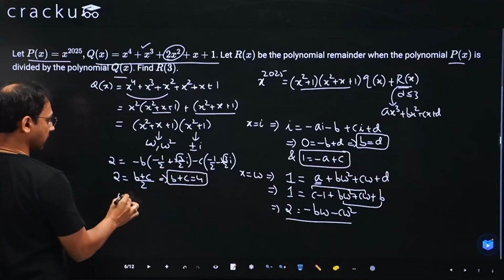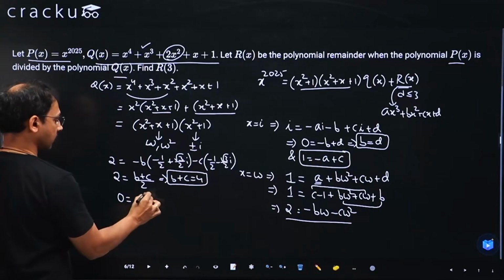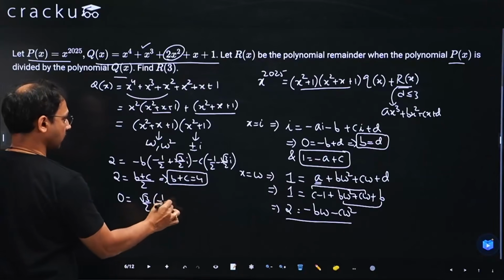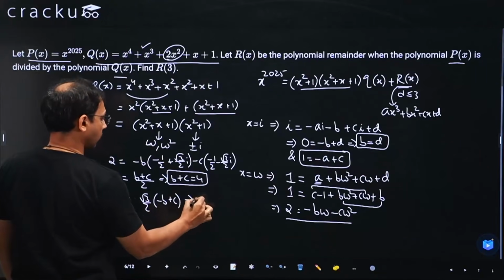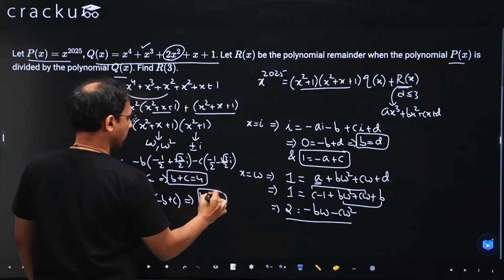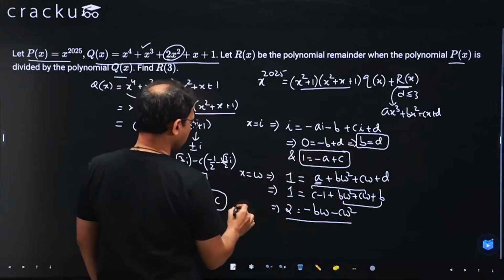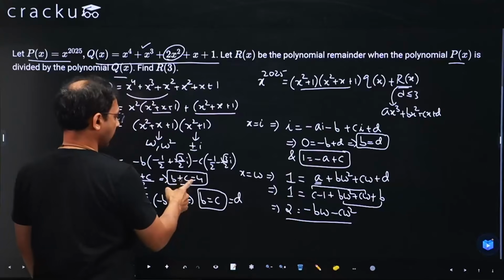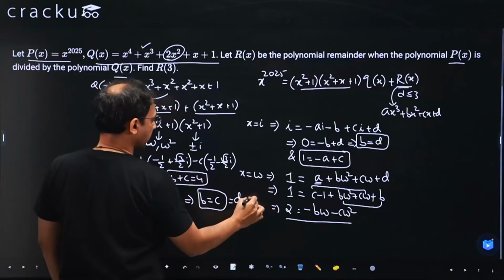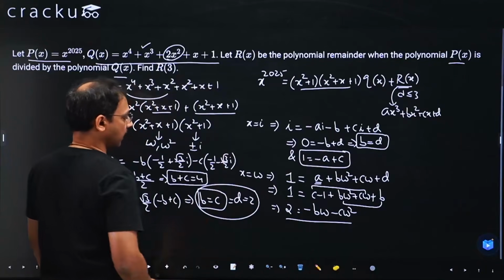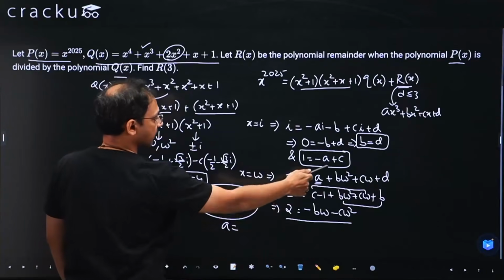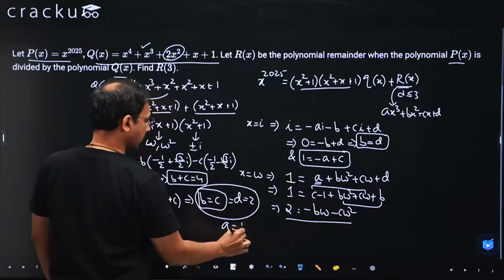Compare the imaginary parts. 0 is equal to root 3 by 2 into minus b plus c. So I got b is equal to c. We already have b is equal to d, so these three are the same. The sum is 4, so each of them is 2. So b, c, d are 2 and a, which is c minus 1, should be 1.